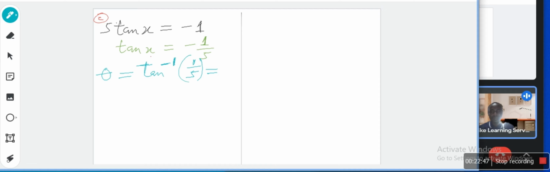Give me your values quickly. Give me the value of tan inverse of 1 over 5. Mute your mic so that there won't be interference.